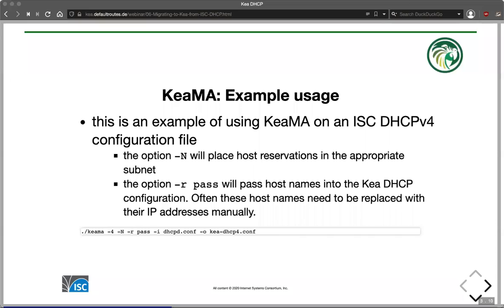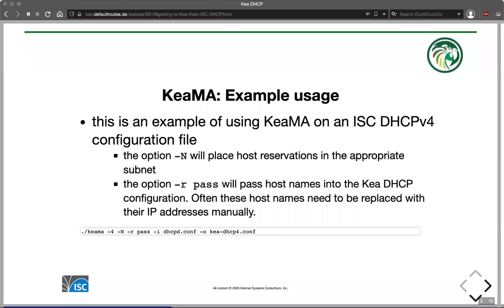So here we see an example use of Kea Migration Assistant on an existing ISC DHCPv4 configuration file. The option -N will place host reservations in the appropriate subnet configurations. This is sometimes required because the way Kea DHCP works with host reservations is different from ISC DHCP.